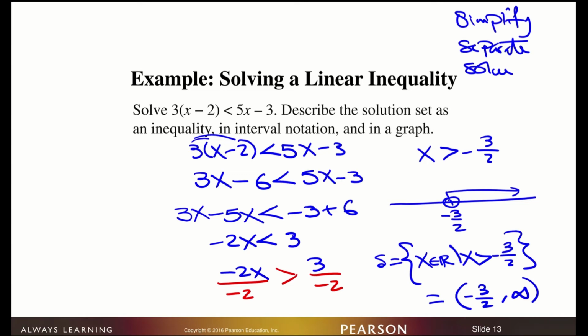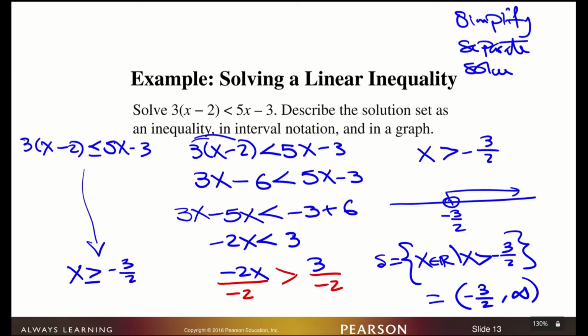In fact, if this were 3 times x minus 2 less than or equal to 5x minus 3, all the steps would look the same, except at the end we would end up with x greater than or equal to negative 3 halves. So the graph would have had a filled in or closed circle and then an arrow to the right.